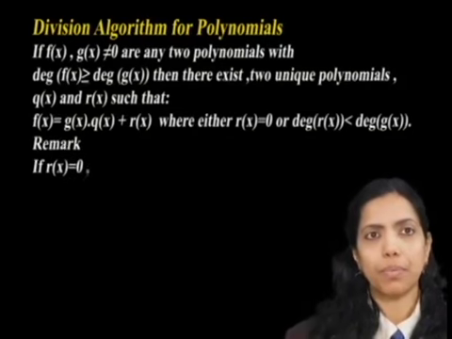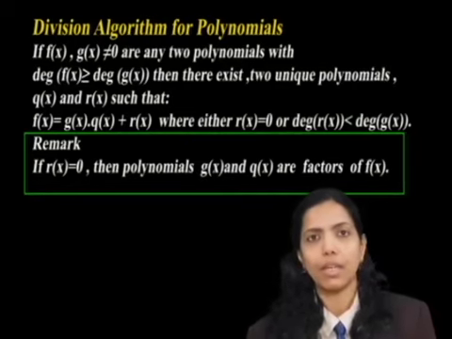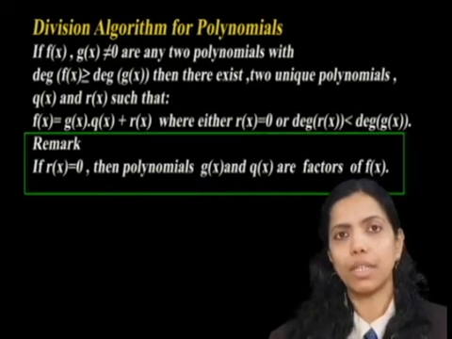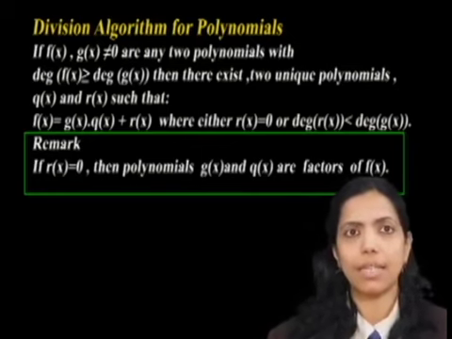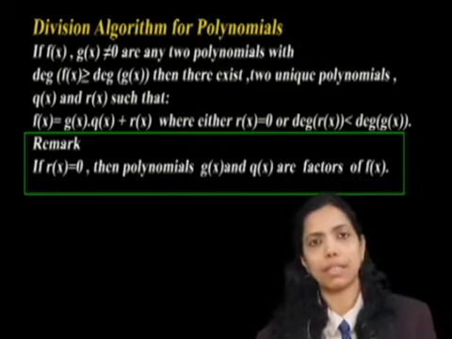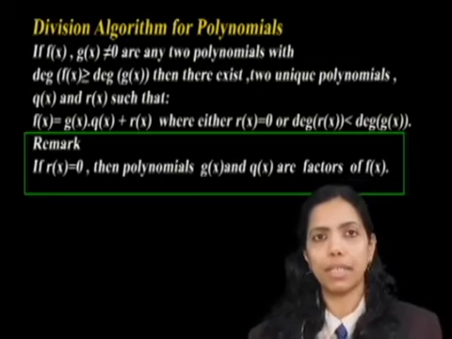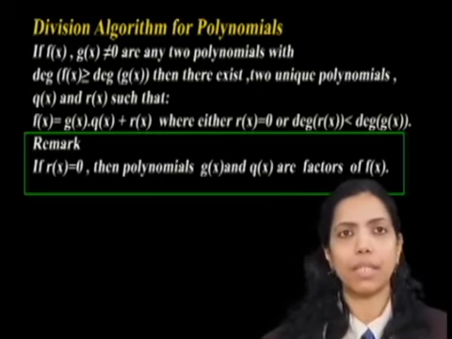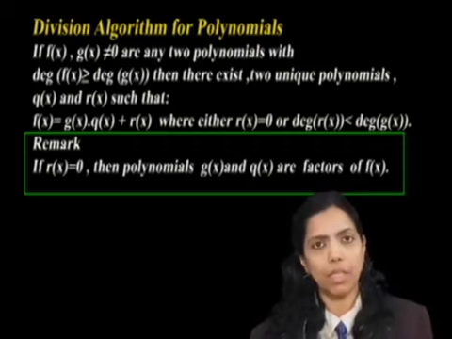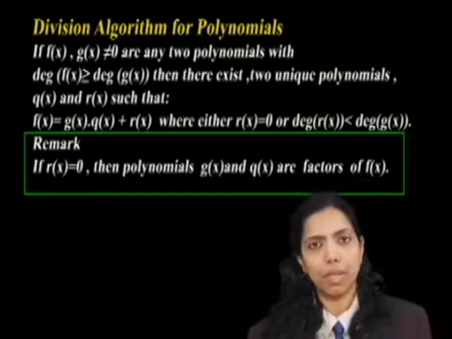If f of x and g of x are any two polynomials where g of x is not equal to 0, with the degree of f of x greater than or equal to the degree of g of x, then there exist two unique polynomials q of x and r of x such that f of x equals g of x into q of x plus r of x.